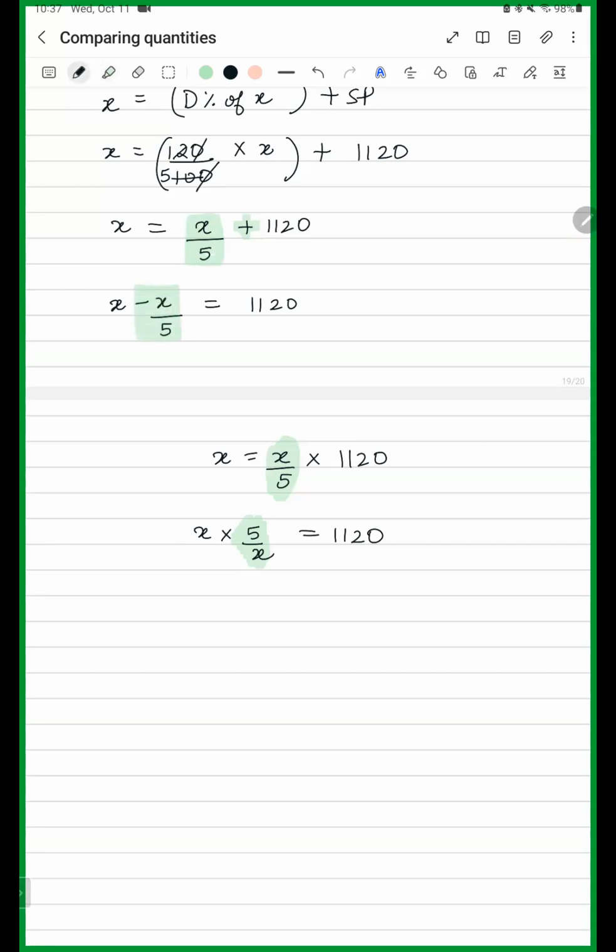So next, what happens now? We take the LCM. The LCM is 5. Why do we have to take the LCM? Because you have to subtract these two things now. How will you subtract x minus x by 5?